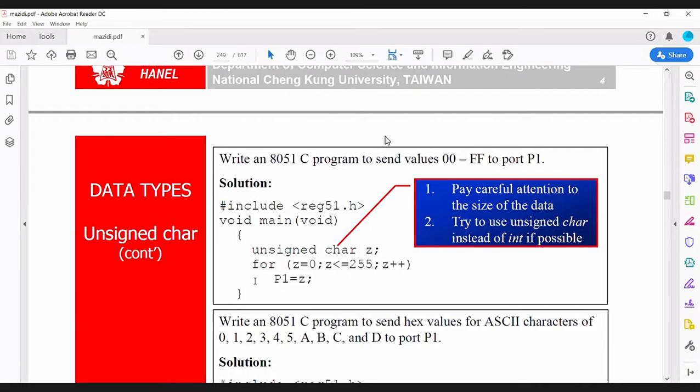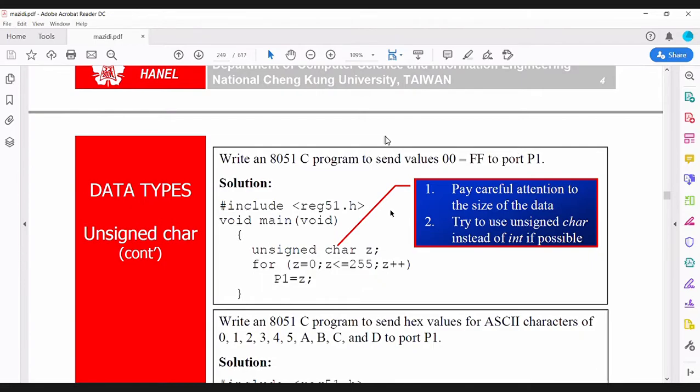Okay, write an 8051 C program to send values 00 to FF to port 1. Please pay attention. That means I need to send values 0 to 255 to port 1.